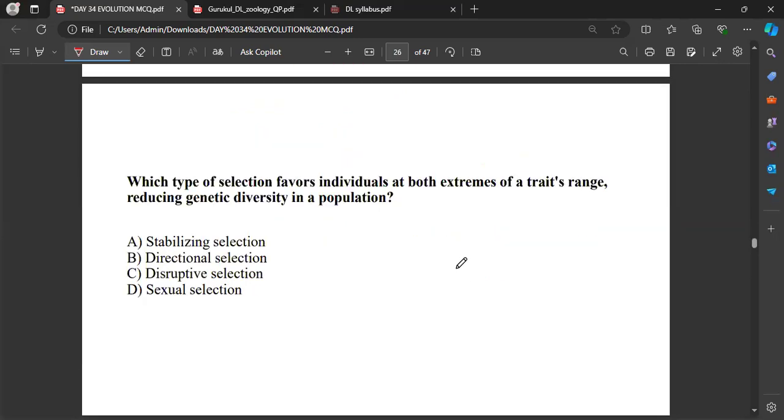Now, which type of selection favors individuals at both extremes of the trait range, reducing genetic diversity in a population? Don't make a mistake in this question. This is the most important concept where you can find questions very often. When you see this question, you have to remember this graph also.